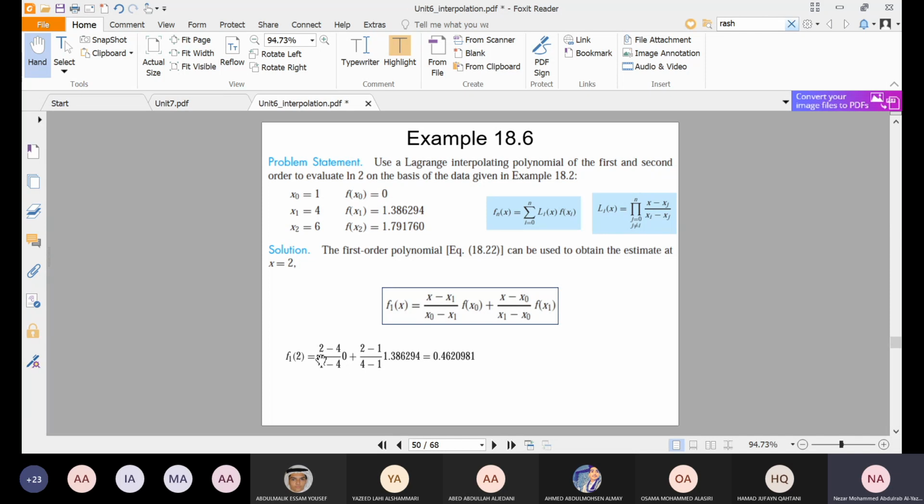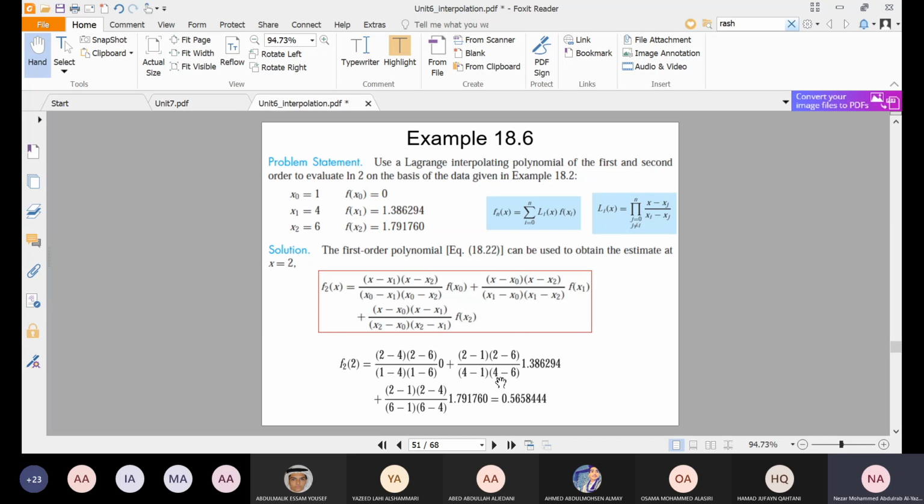So I substitute 2 instead of x: 2 minus x1, which is 4, over x0 minus x1, which is 1 minus 4, multiplied by f of x0, which is 0. So this will be 0 plus 2 minus x0, which is 1, over x1, which is 4, minus x0, which is 1, multiplied by the function at x1, which is equal to this number. So after that we get this estimation.